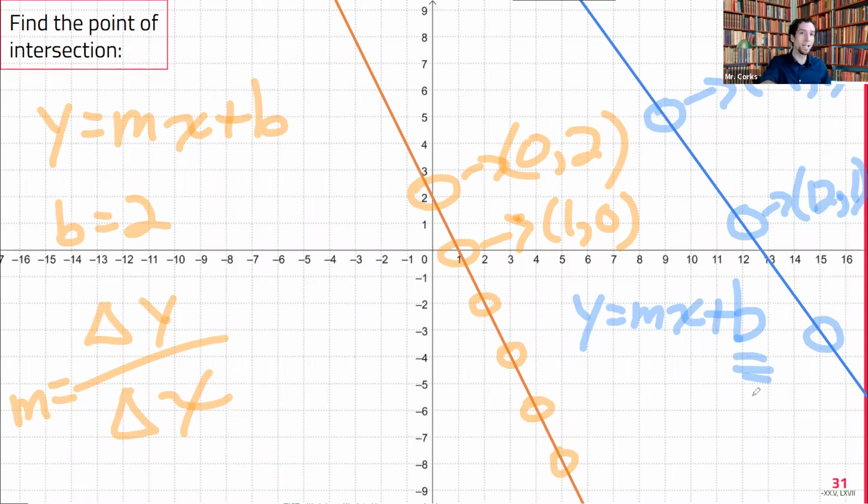We don't need to see the y-intercept directly on the graph. We substitute in the y and x values, and if we already know the slope, we can find the y-intercept very easily. So if you can find 2 points, then the rest you can do with algebra.